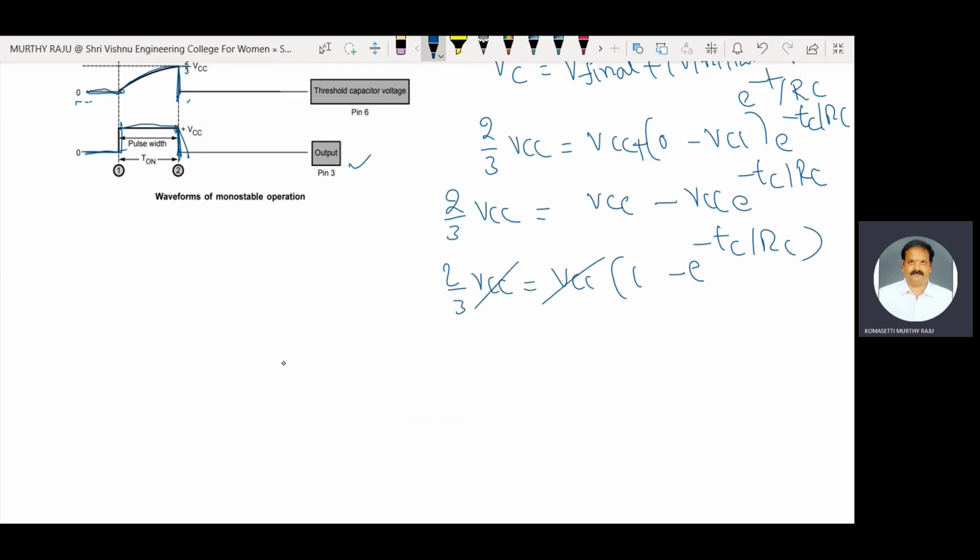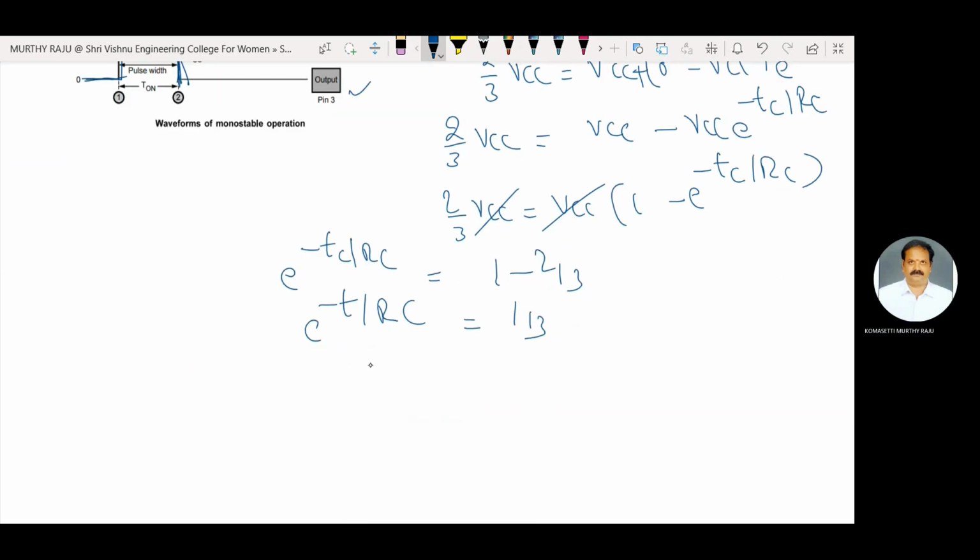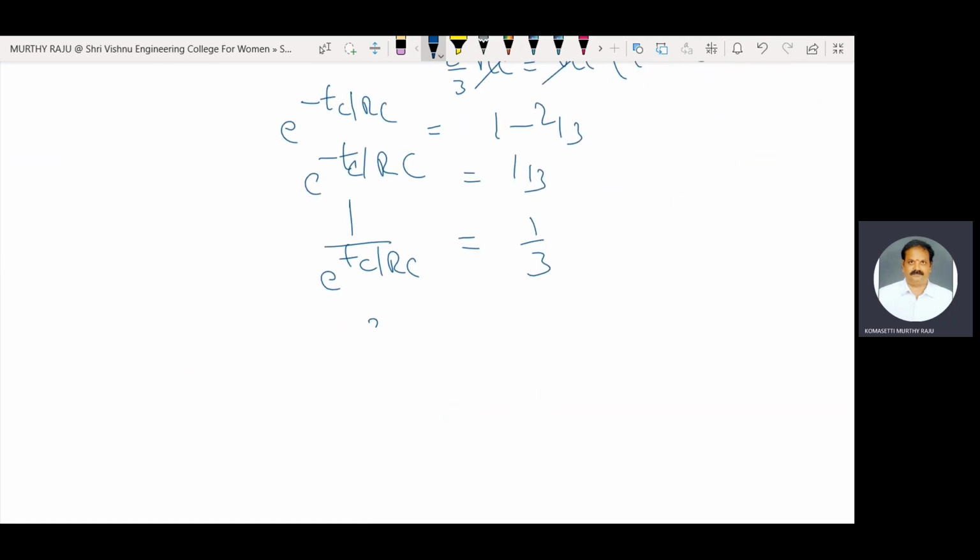VCC is cancelled. Therefore, e power minus TC by RC is equal to 1 minus 2/3, that is 1/3. So 1 by e power TC by RC is equal to 1/3. Cross multiplication: 3 is equal to e power TC by RC.